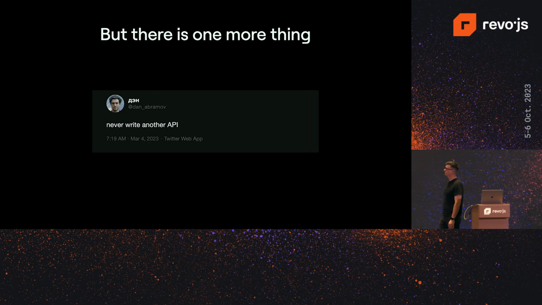So those of you that use React might know Dan Abramov. This is obviously out of context because I wanted to make a point, but he did tweet this at some point: never write another API. So obviously, if your product is the API, you would write the API. But if you do it, just write it in a proper way.